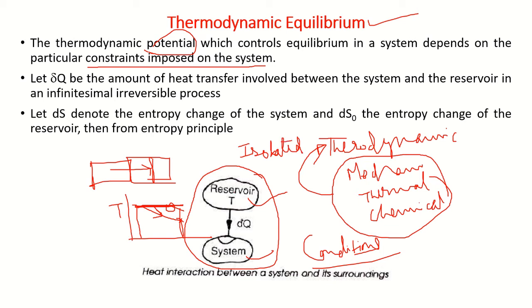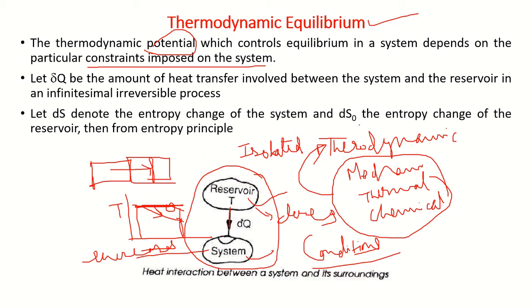But here if you consider the reservoir, it is losing heat, so its entropy decreases, and here it is receiving heat, so its entropy increases. Correct. So if you know the temperature and the heat, we can find out those entropy changes.